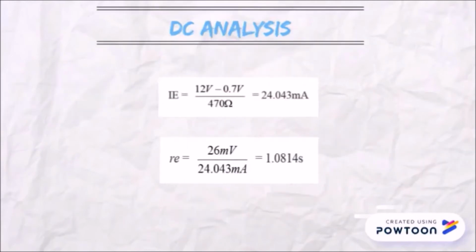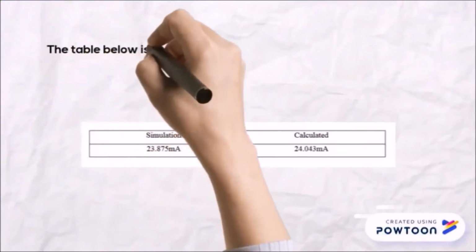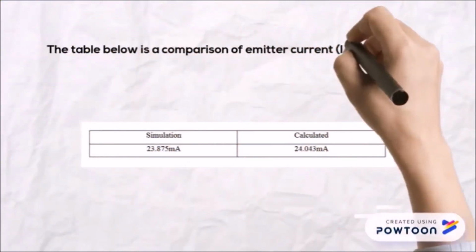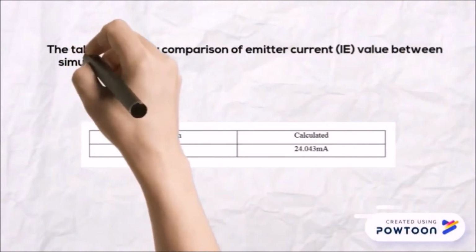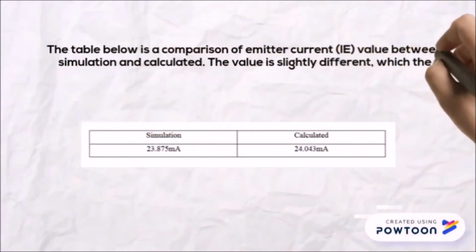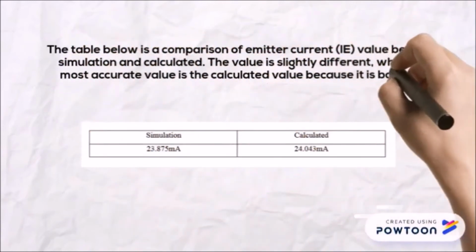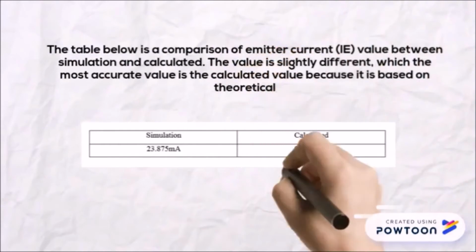In DC analysis, we have to find some parameters, which are the emitter current and the conducting diode. The table below is a comparison of emitter current value between simulation and calculation. The values are slightly different, and the most accurate value is the calculated value because it is based on theory.